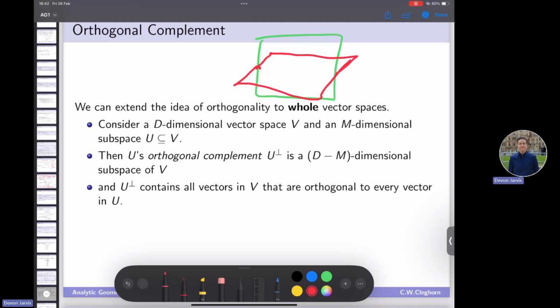You have another space intersecting it at 90 degrees. Then those can be orthogonal subspaces to each other. And so if I picked a vector in the green subspace and I calculate its inner product with any vector in that red subspace, it will be 0. The entire vector subspaces are now orthogonal.